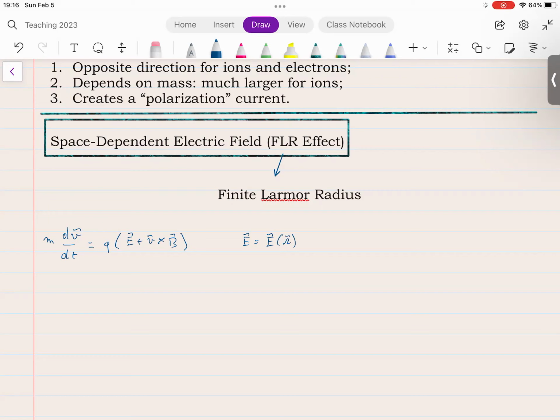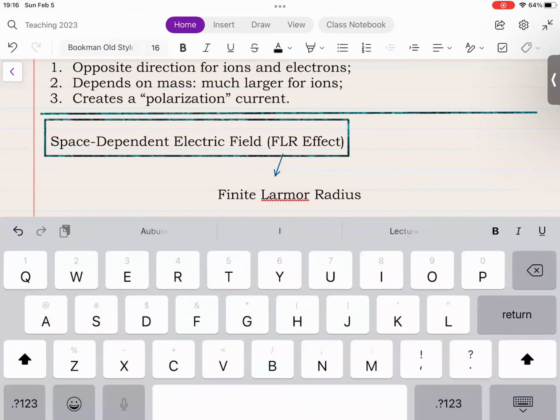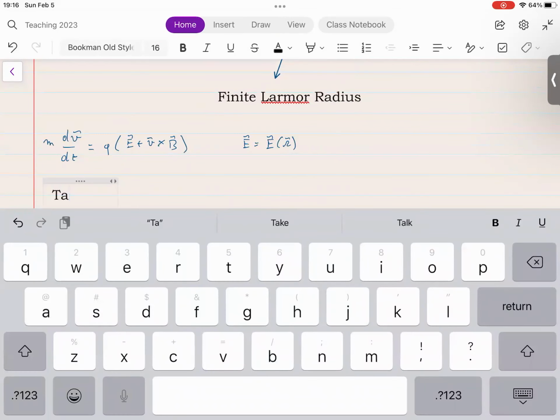Then I'm going to do what we just did for the polarization drift. I'm going to take the average over a gyration orbit, which is often indicated with the shortened expression of gyro average. Okay, let's see if I can remember how many equations I've numbered.